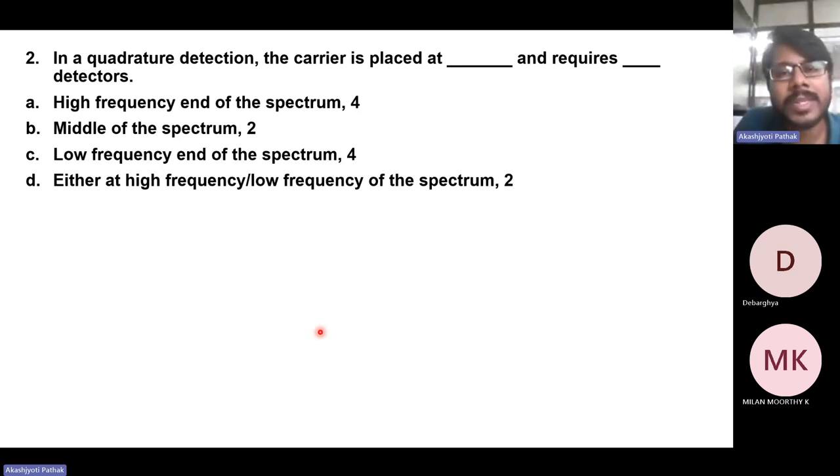The carrier frequency is placed at the center of the spectrum to detect both the plus omega I and minus omega I frequencies.